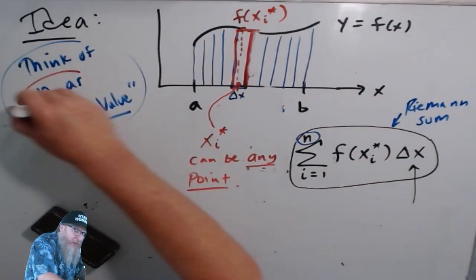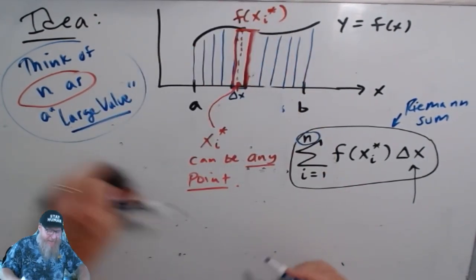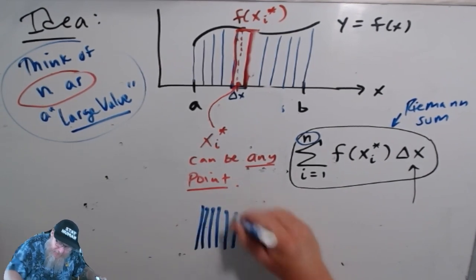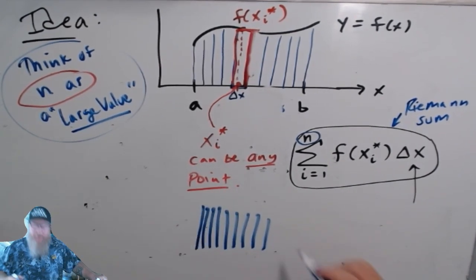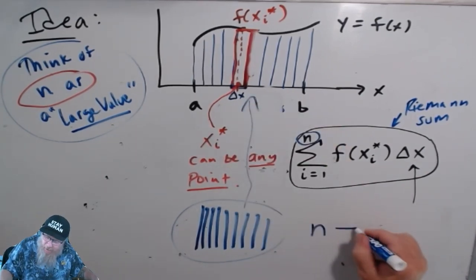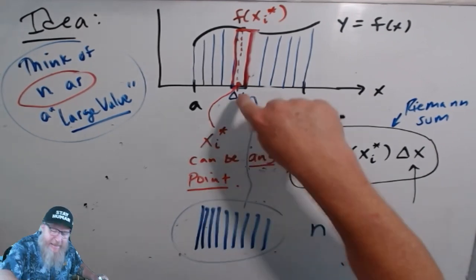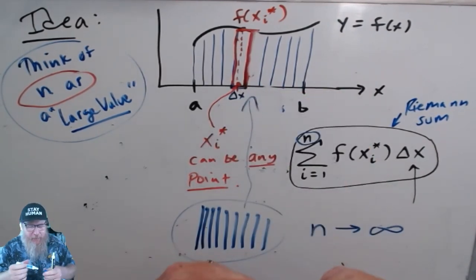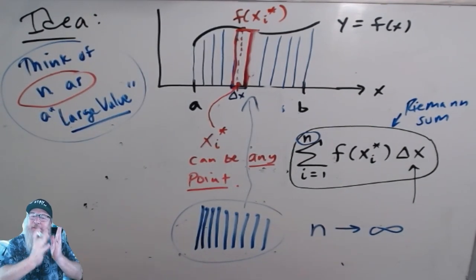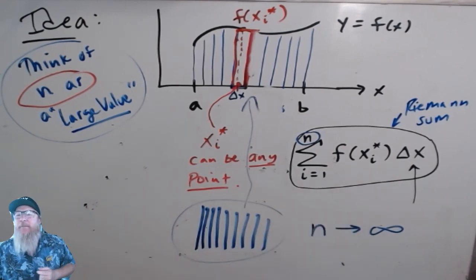And if you have a large number of rectangles, think about it for a minute. The rectangles are going to be very, very thin. So n is now approaching infinity, and it really doesn't matter which point we use to define the size of the rectangle. And so that's the idea behind it.